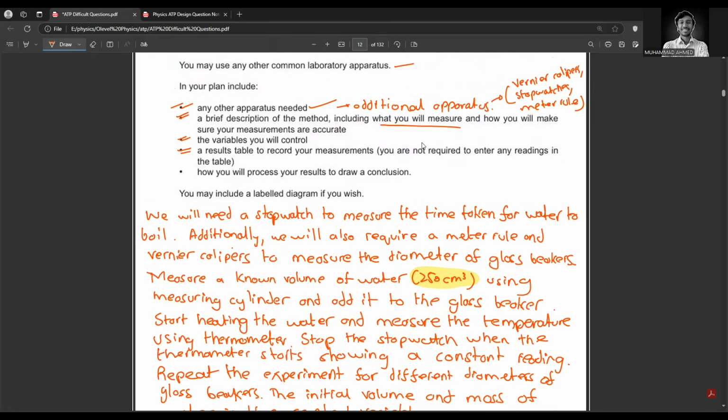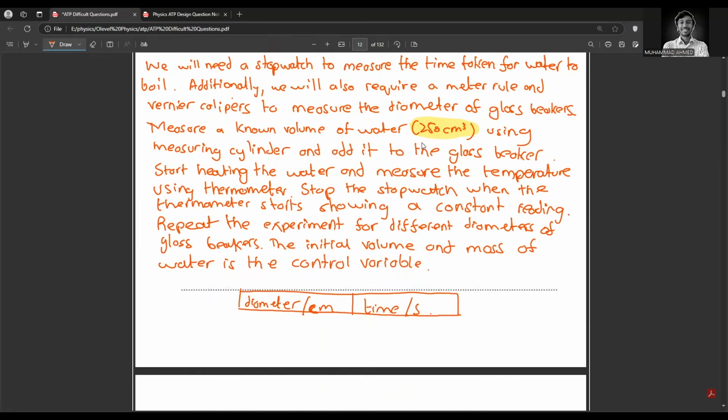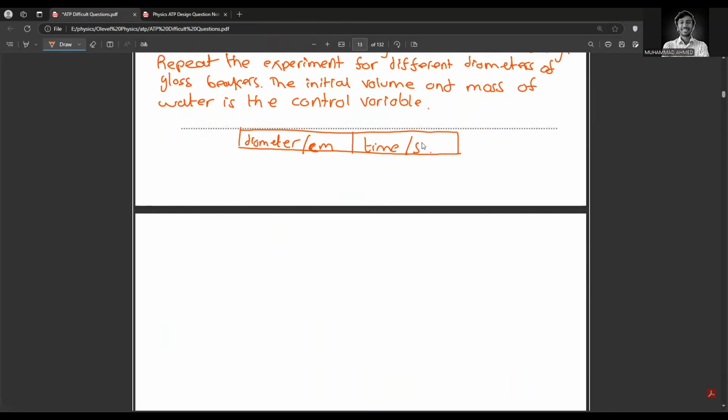The last point, how you will process your results to draw a conclusion. So you can write 2 points here, whatever suits you. How will you draw a conclusion with your results?